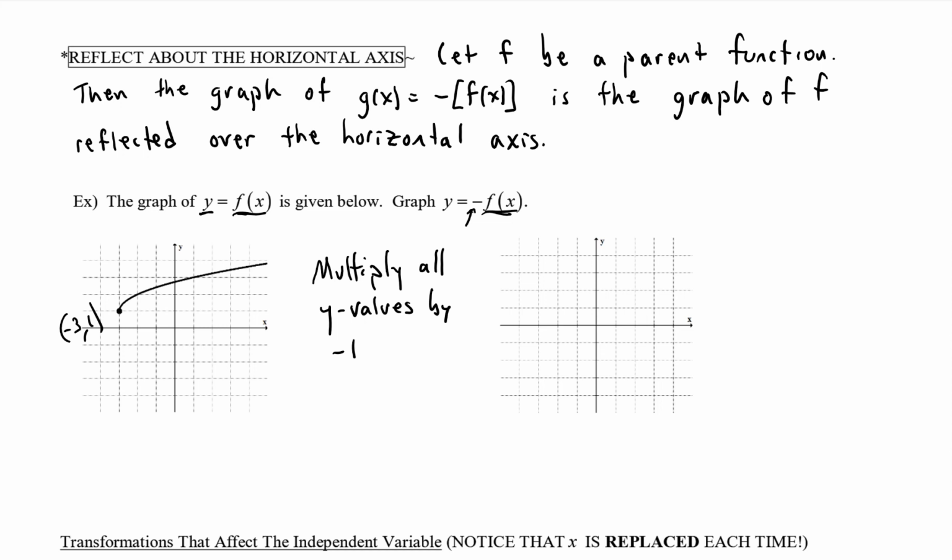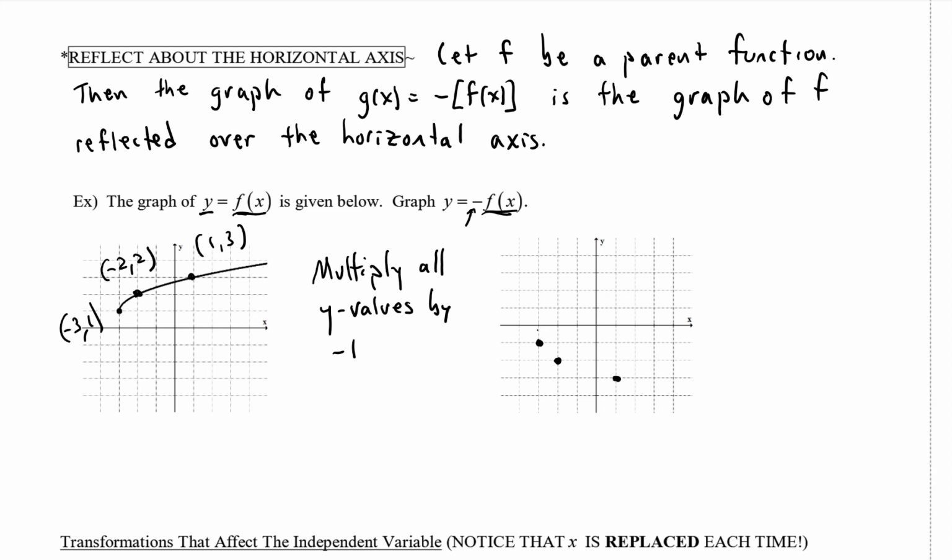Now if I multiply that y value by -1, it goes to -3, -1. Let's say I pick -2, 2. Multiplying that y value by -1, it's -2, -2. Or 1, 3 becomes 1, -3.